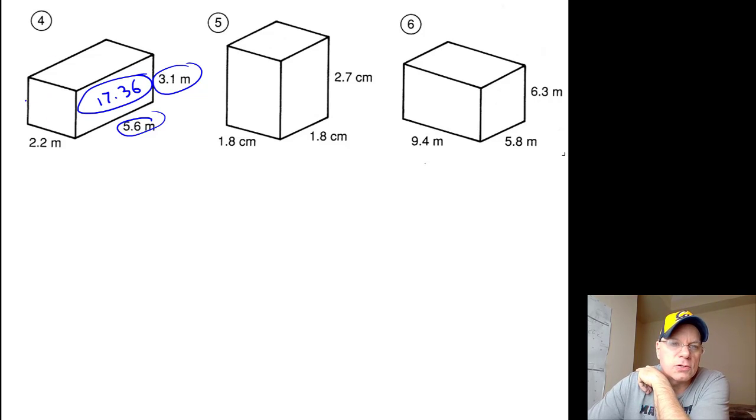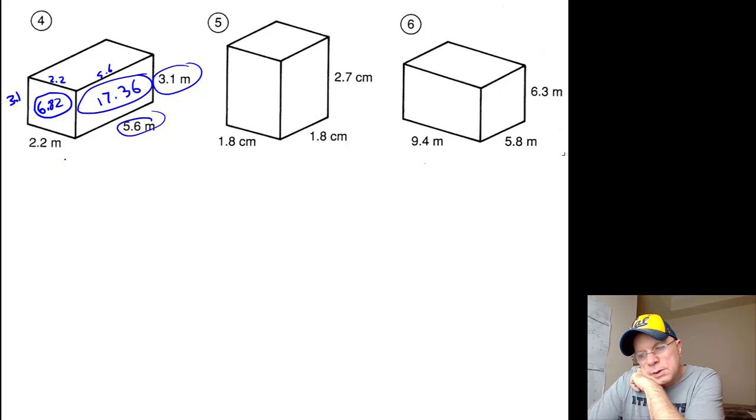This face is 2.2 times 3.1. That is 6.6 and 0.22, 6.82 for that face. And this face is 5.6 by 2.2. 2 5.6s is 11.2. Another 1.12.